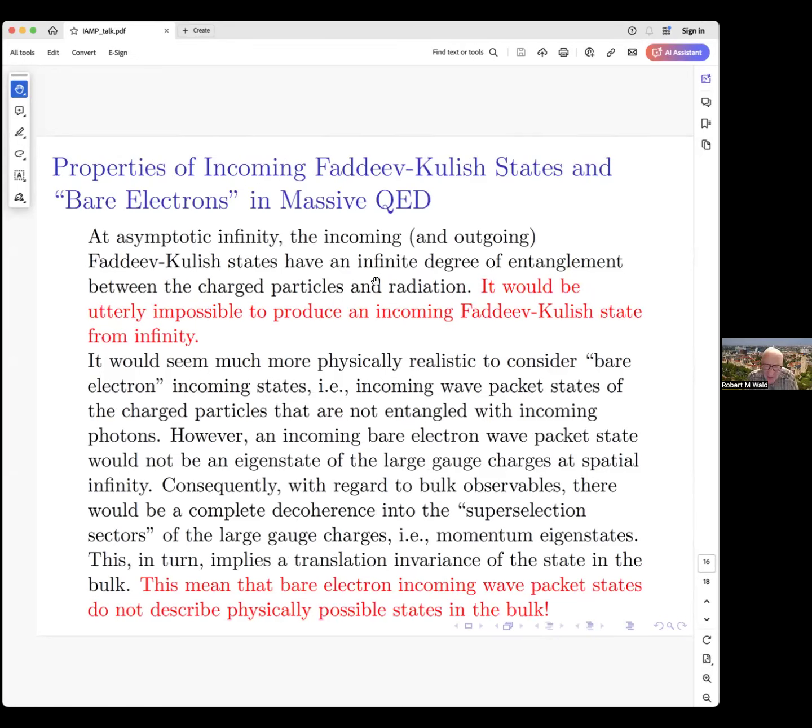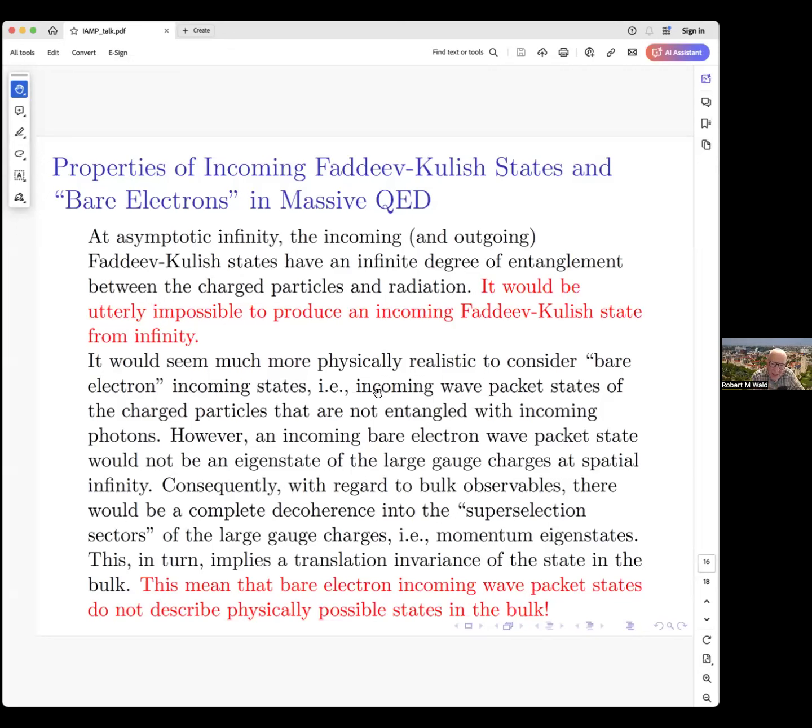It is such an entangled state between the radiation and the charged particles. How do you make something like that? It seems impossible physically.